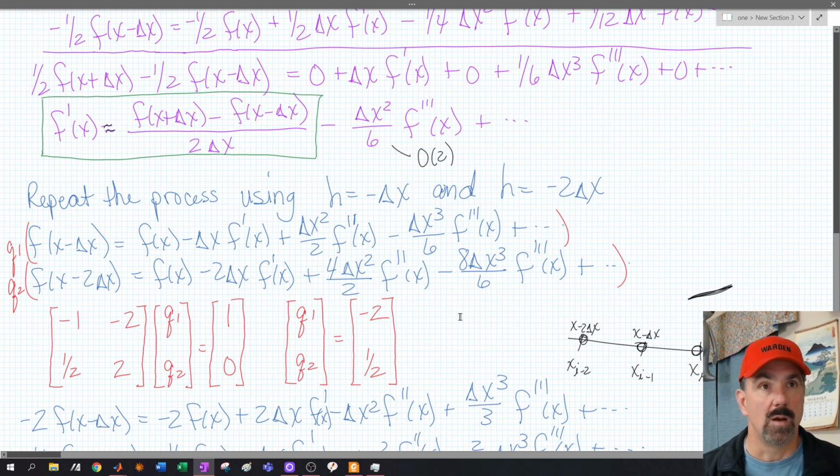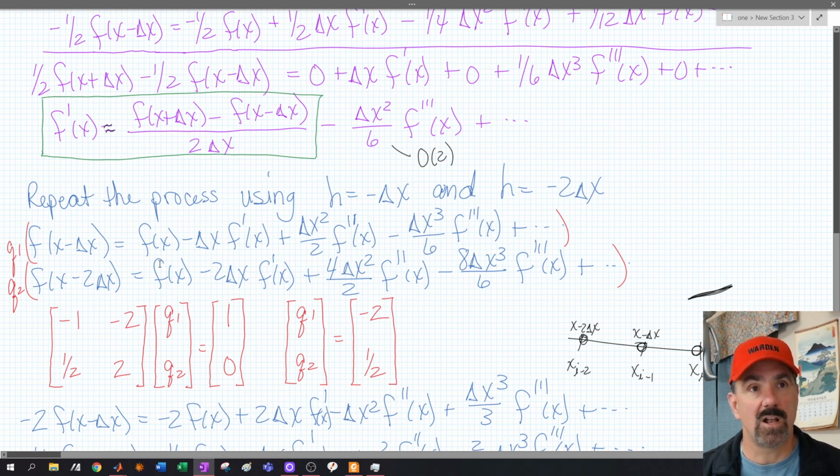So applying again Taylor's theorem with the h's, we replace the h's and we come up with these two representations for Taylor's theorem. Again, we'll multiply the top one by q1 and the bottom one by q2. And now we want to think about what is our goal. Well, it's exactly the same as it was before. We want the derivative terms to have a coefficient of delta x, and we want the delta x squared terms, the second derivative terms, to cancel out and be 0.